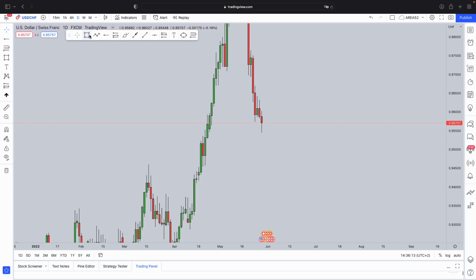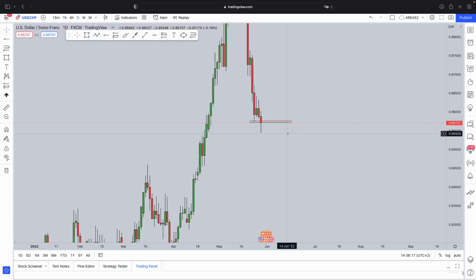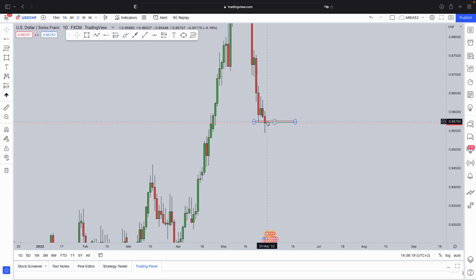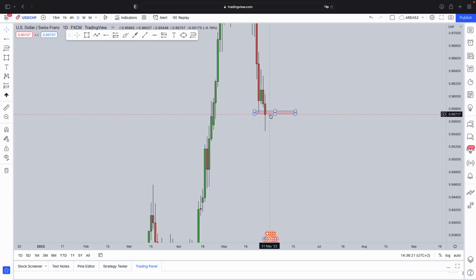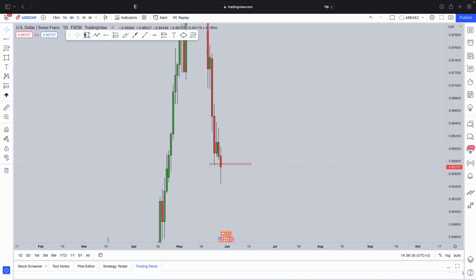But we can see here that this level over here acted as a strong level of support. Now, as you can see, the market had broken below that level. Right now, it's very important that we are reactive. Right, that could be a fake out.